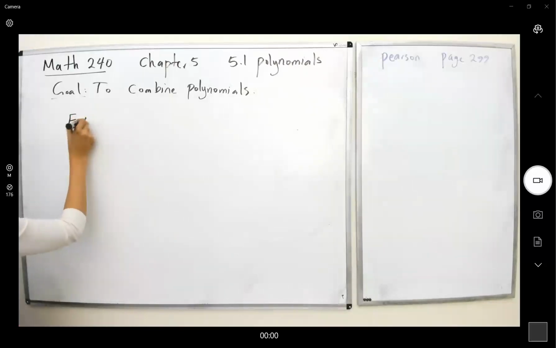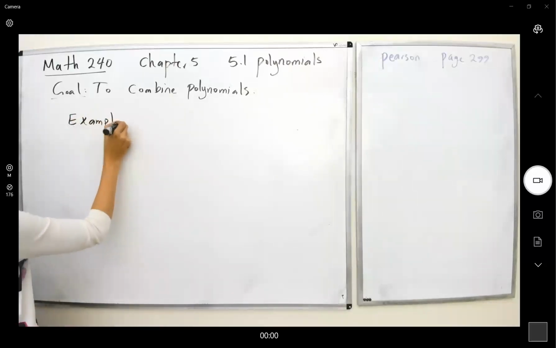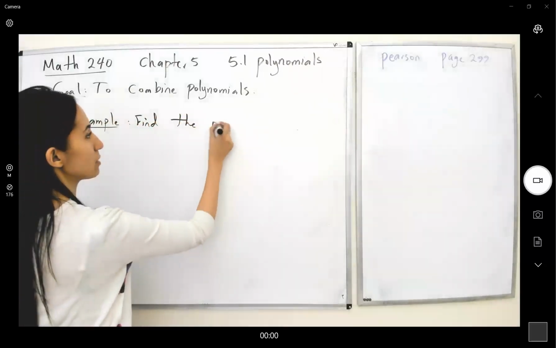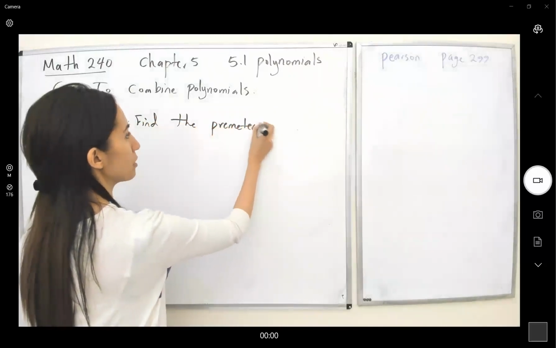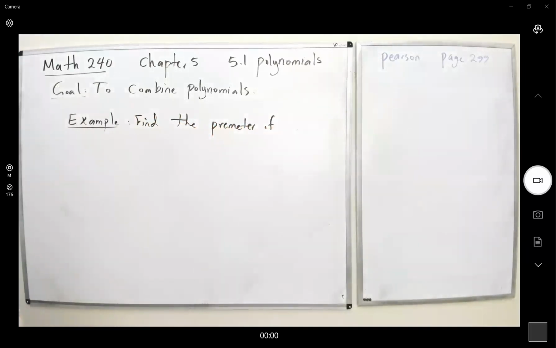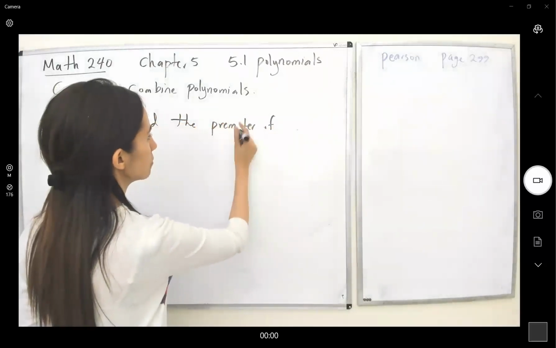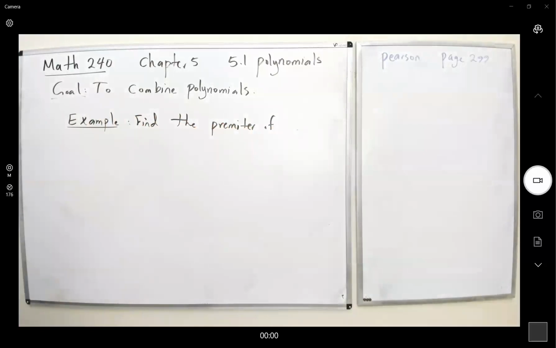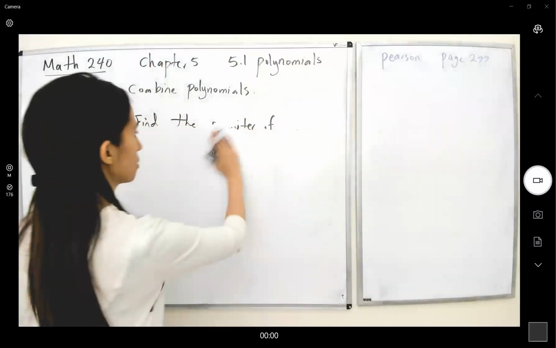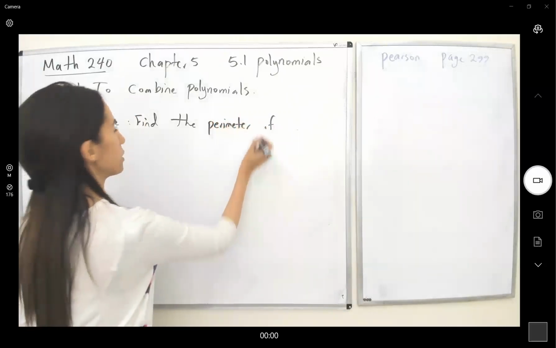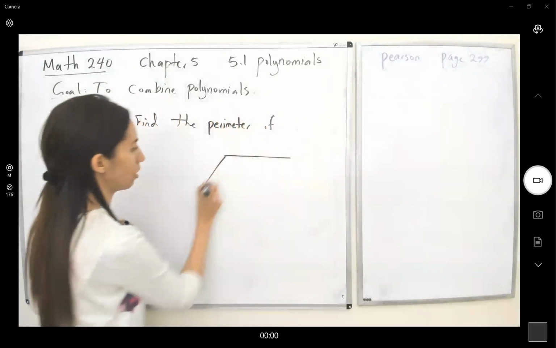The example says, find the surroundings or perimeter of the following object.